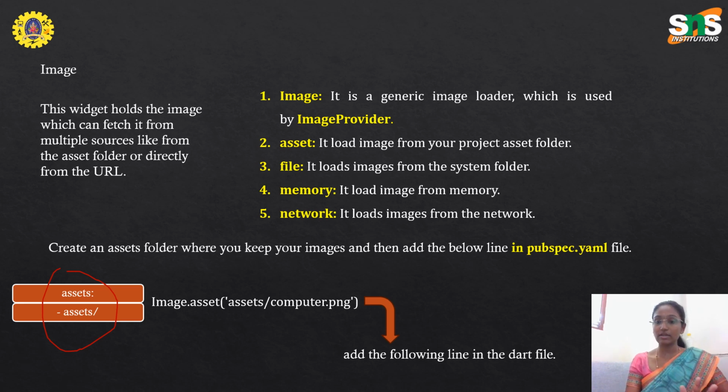This container is always saving there. Otherwise we can write it in the Dart code too, that is called Image dot asset bracket. Next we write the path of my images, where I saved them. We copy and paste that particular path. Okay, add the following line in the Dart file. Okay, this is the images side.